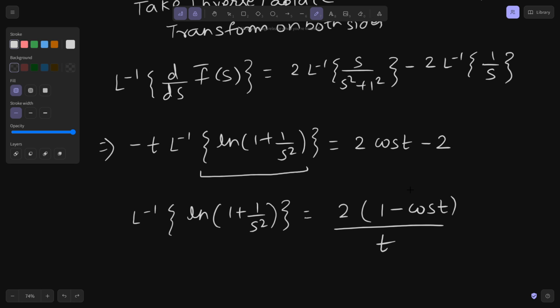What I did, I just divided by t and took minus common from both sides, so 2 minus 2 cos t. Okay, so I just cancelled out the minus sign from both sides, and also I took 2 common. This you can do.